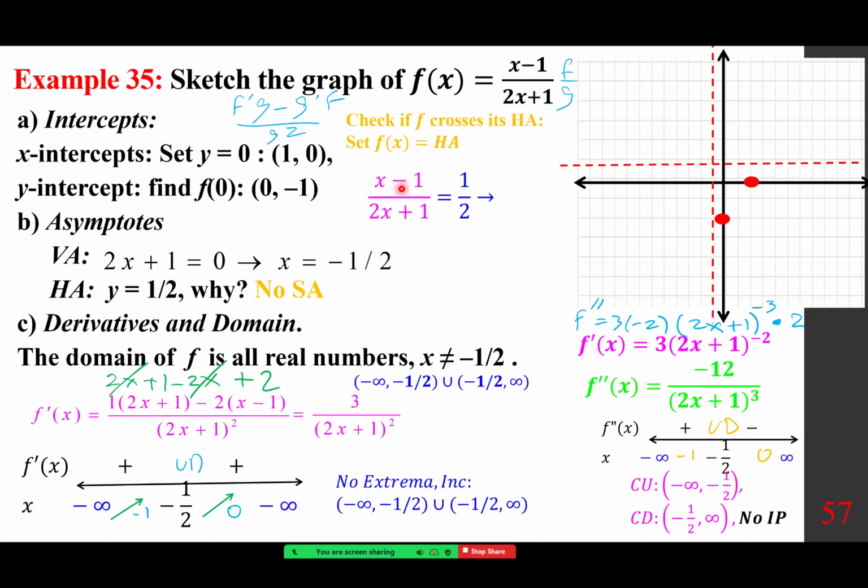You get 2 times x minus 1. So this is 2x minus 2, and this is 2x plus 1. As you can see, negative 2 can't be. This is a false statement. Okay, class, minus 2 equals 1. It's a false statement. Doesn't produce any solution.